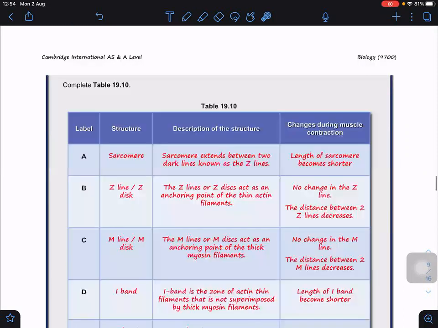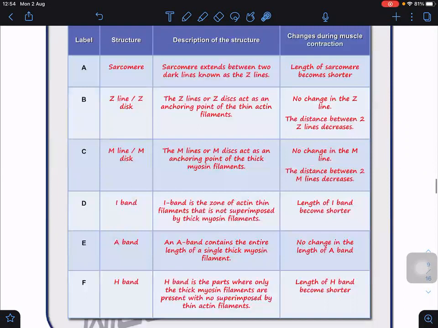What is A? A is the sarcomere, which extends between the two dark lines known as the Z lines. During muscle contraction, the entire length of the sarcomere becomes shorter because the Z lines move closer. The Z line acts as an anchoring point for the thin actin filaments.